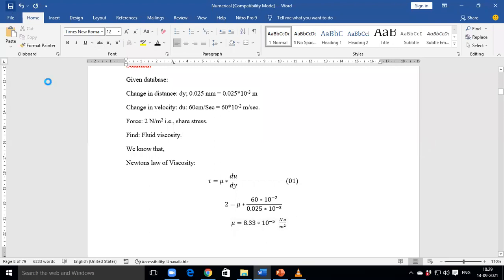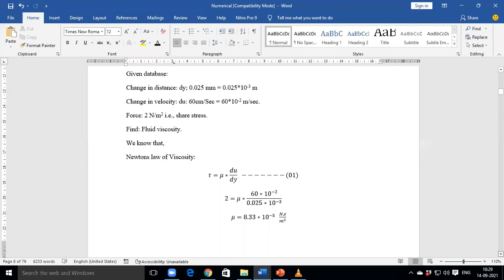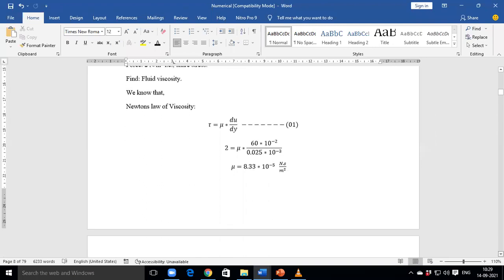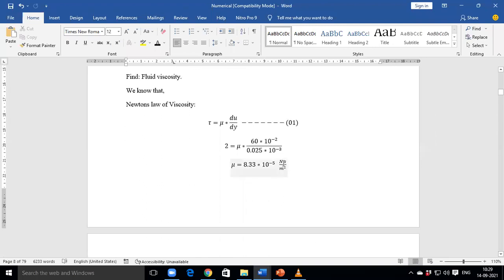And what will be the value in poise? If you need to convert Newton second per meter square into poise, what is the conversion? 1 poise equals 1 by 10 Newton second per meter square.